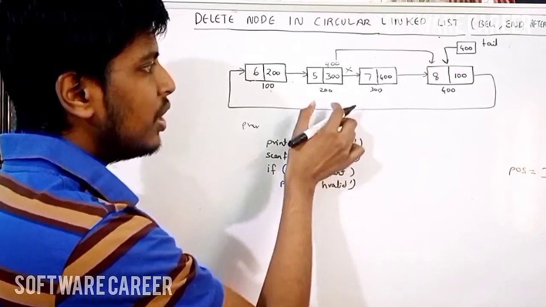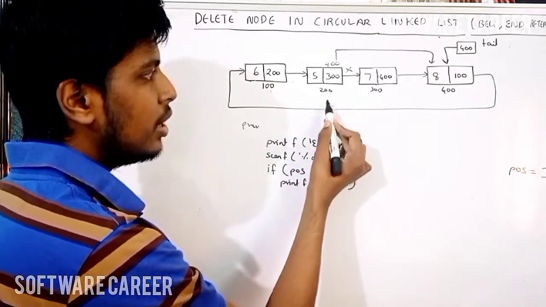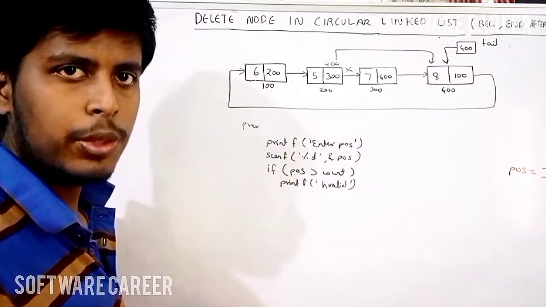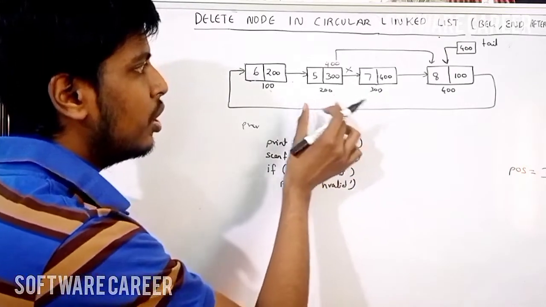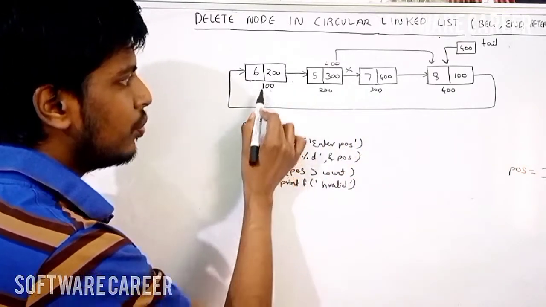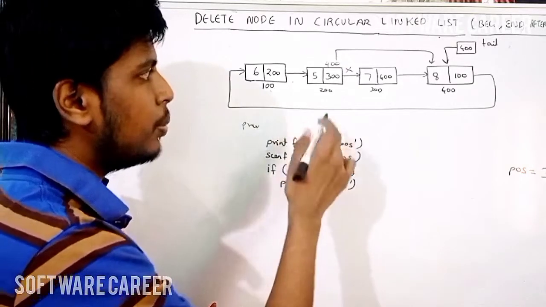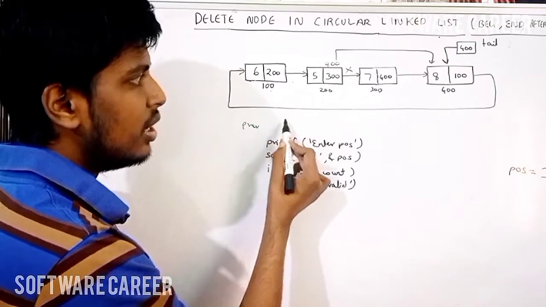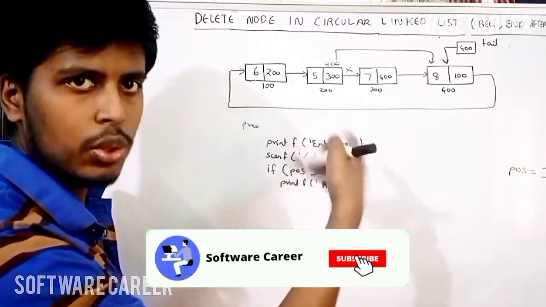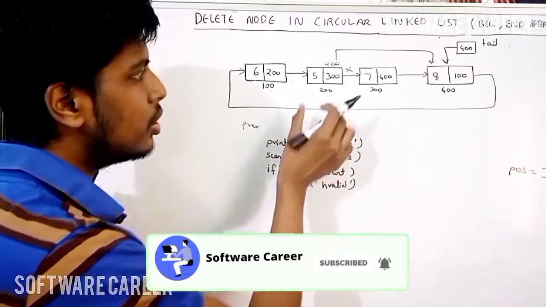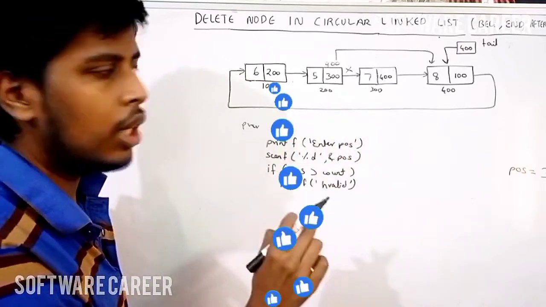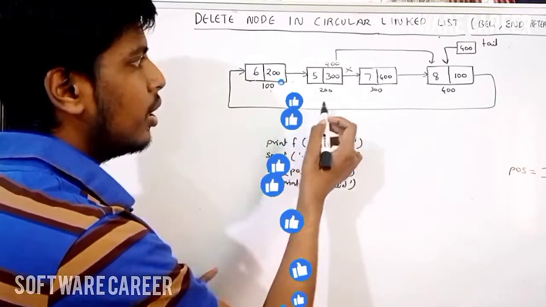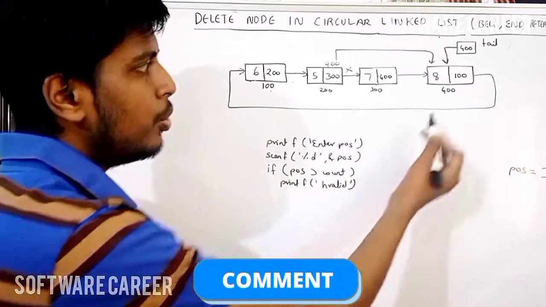But a pointer can't directly point to any node. In the linked list, first it should point to the first node, then at each step it moves one by one. This previous pointer will point to 100, then in the next step it will point to 200, then it stops at 200. So how to do this? Let's see. Then I can update this value. I should put 400 here.